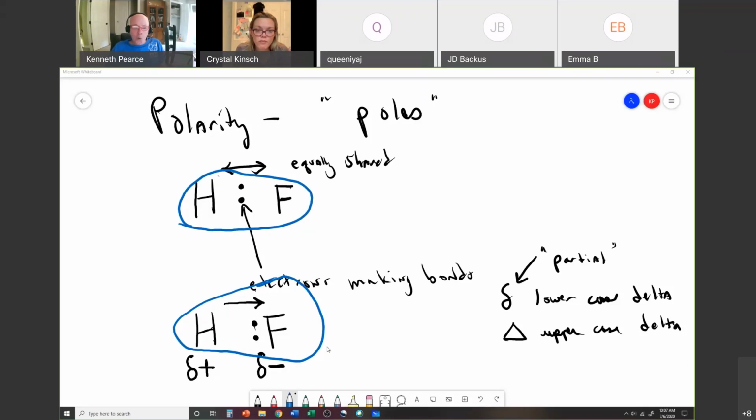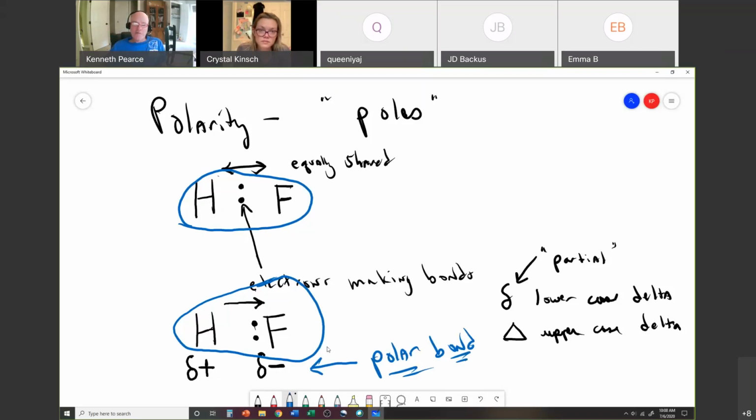Okay, now, when we have this situation here, we call this a polar bond. When we have a bond and it's more negative on one end and more positive on the other end, we call this a polar bond.